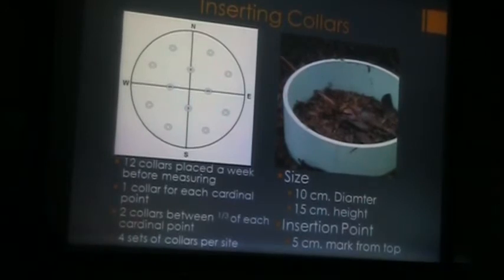So this is our basic map of how we insert the collars. We have 12 collars per site, and there are 4 plots per site. So one collar at each cardinal point, north, south, east, west, and 2 collars in between each cardinal point.